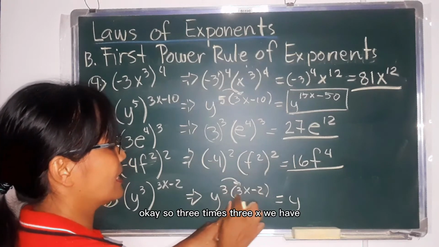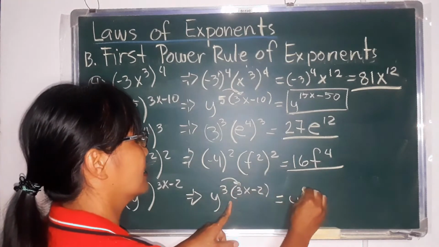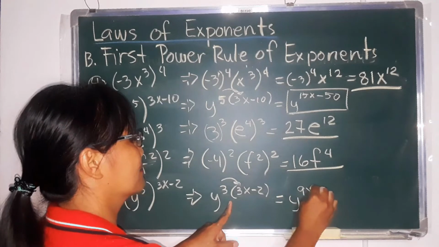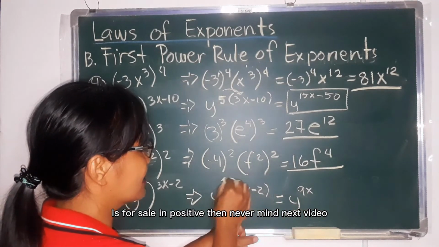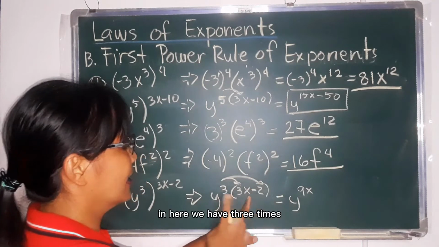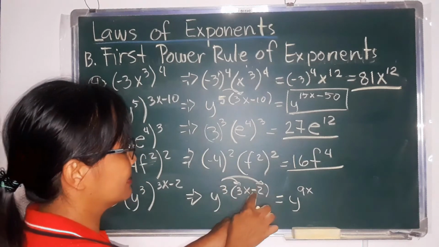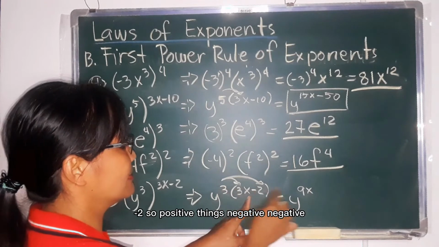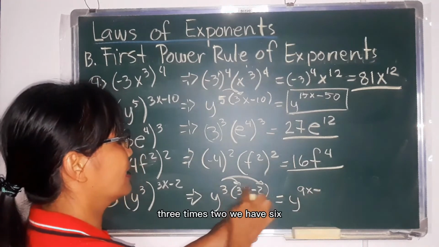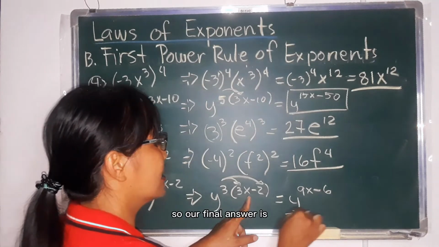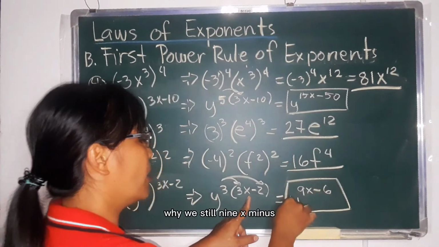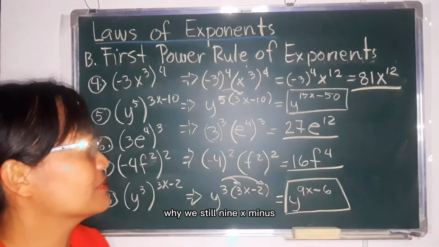So 3 times 3x, we have 9x. Since they're both positive, never mind. Next, in here, we have 3 times negative 2. So, positive times negative is negative. 3 times 2, we have 6. So, our final answer is y raised to 9x minus 6.